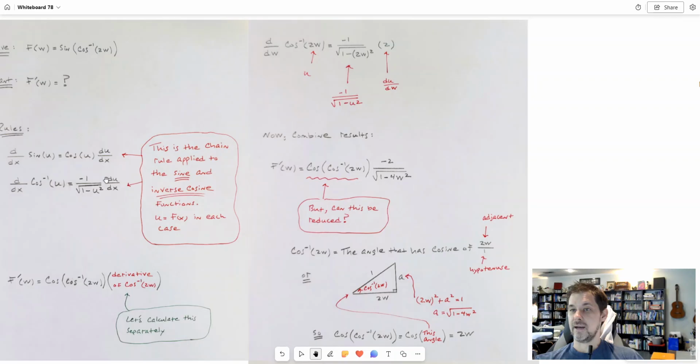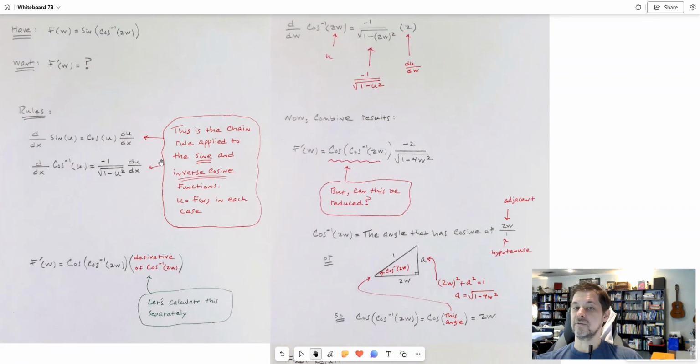And playing that out, I get negative 1 over root 1 minus u squared times, what's the derivative of 2w? It's 2, okay? So there, I've used both rules. This problem necessitated that I use this one first, but then as a consequence of using this one first, I have to use this one to take it the rest of the way.